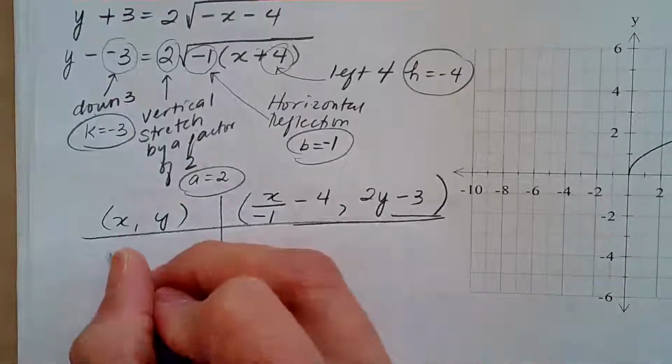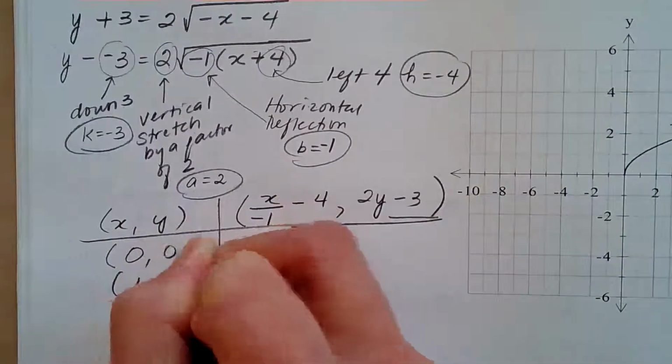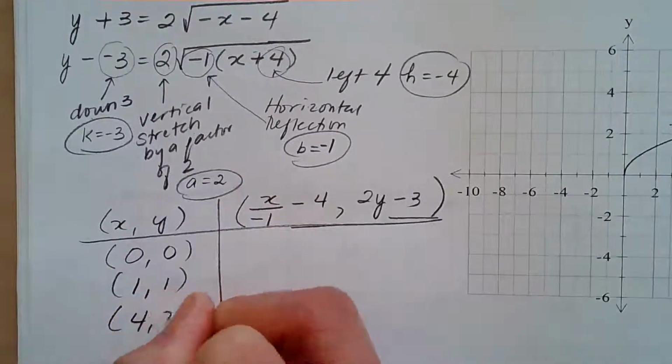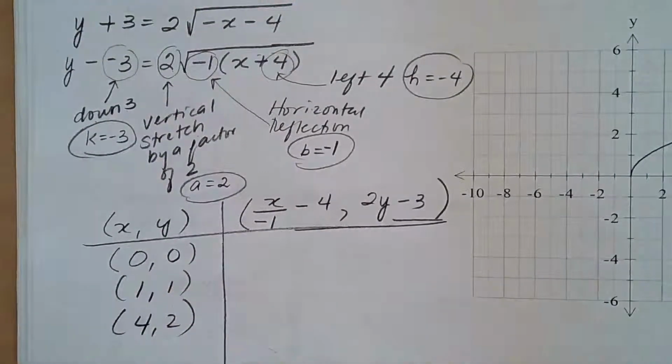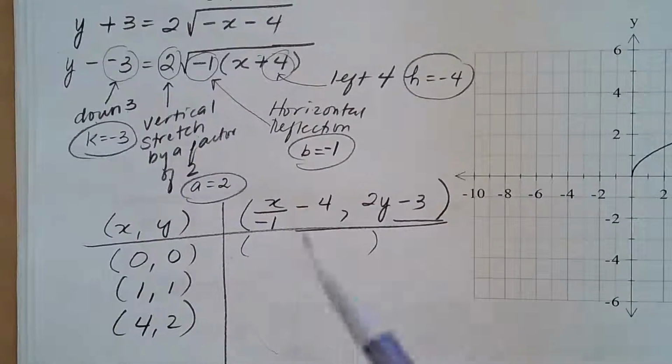Good. Again, our key points are 0, 0, 1, 1, 4, 2. Go ahead and figure out the corresponding points after all the transformations happen.